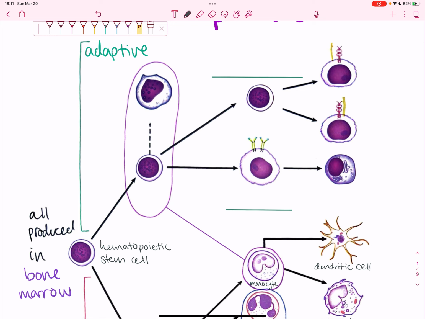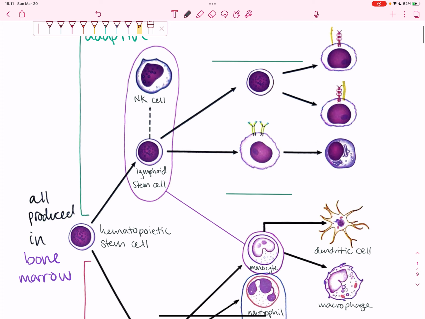Now we have the adaptive immune system. So going back to our hematopoietic stem cell, it can also differentiate into a lymphoid stem cell, which then can differentiate into a natural killer cell, or NK cell, as most people shorten it.